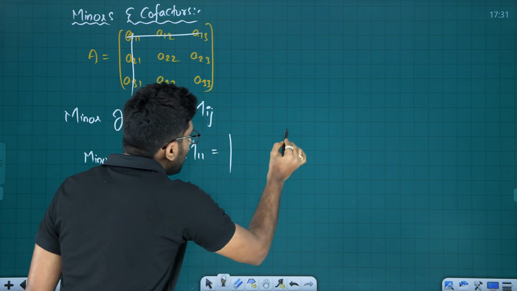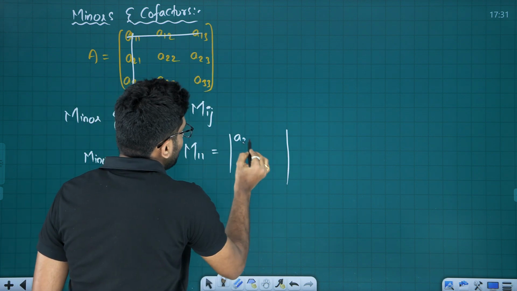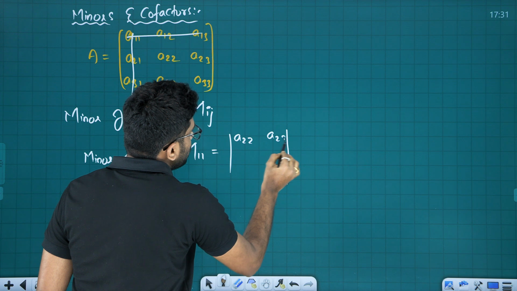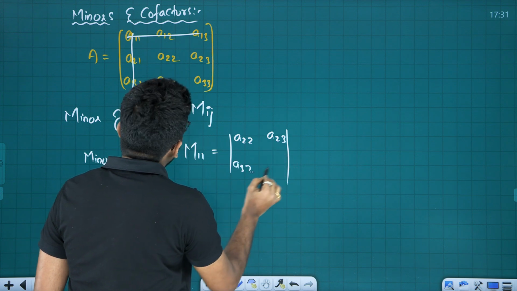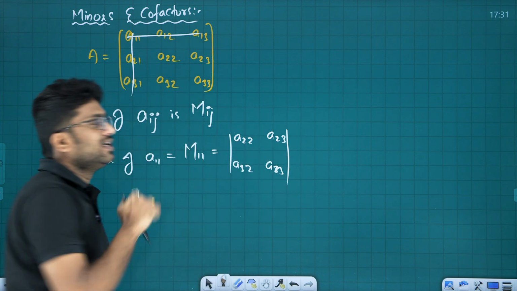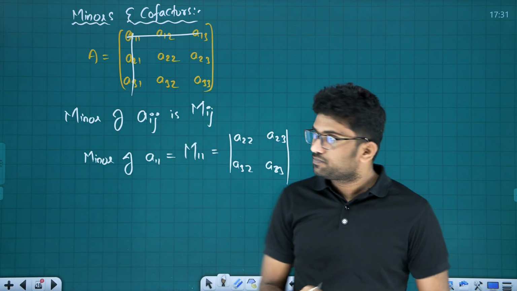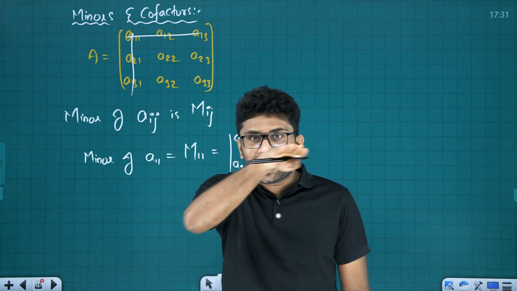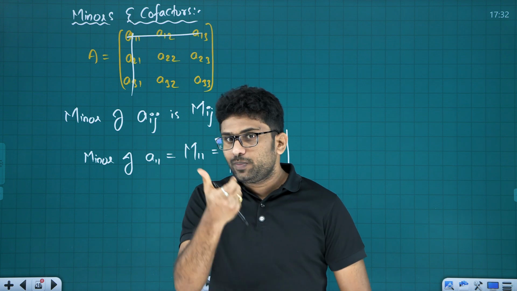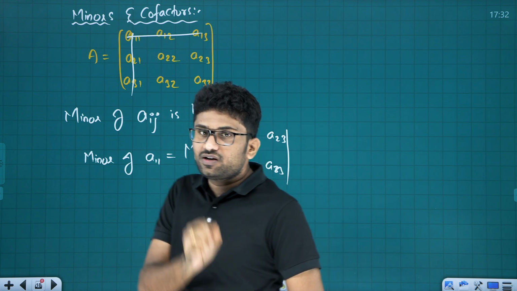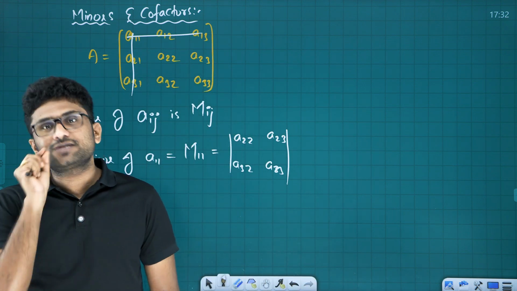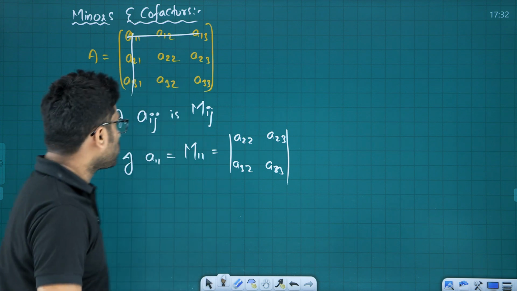The determinant of that square matrix, that is the determinant of A22, A23, A32, A33, is said to be its minor, friends. So the minor of every element can be obtained by deleting its ith row and jth column. We get a square matrix, and the determinant of that square matrix is said to be its minor. Clear?